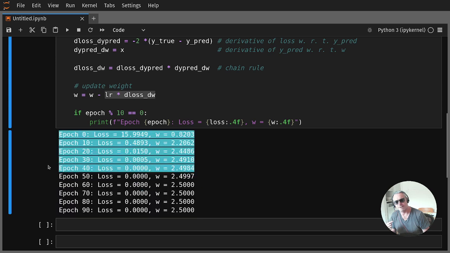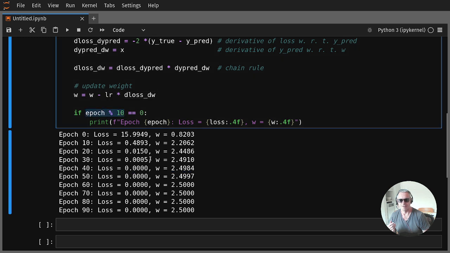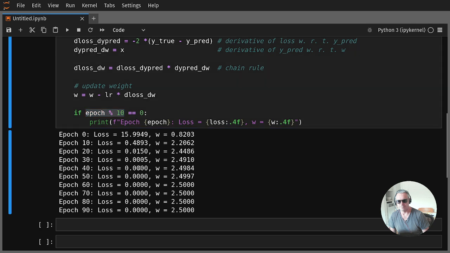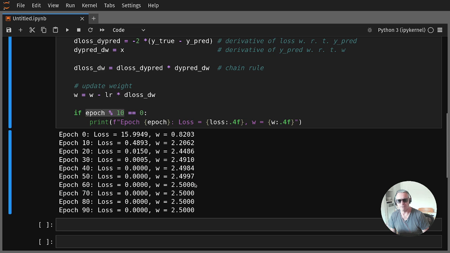And already by the 40th, sorry, not the 40th, the multiples of 10, because we did modulo here. By the 40th, we're down to 2.4984, and by the 60th epoch, we are accurate to 4 decimal places.